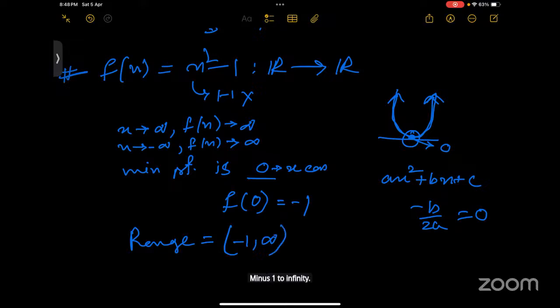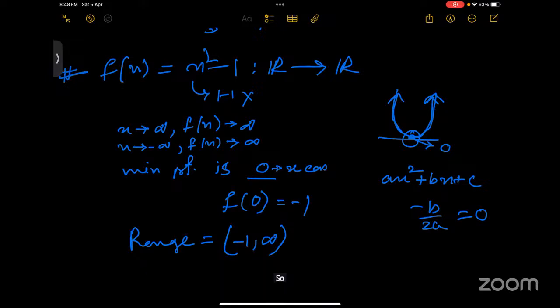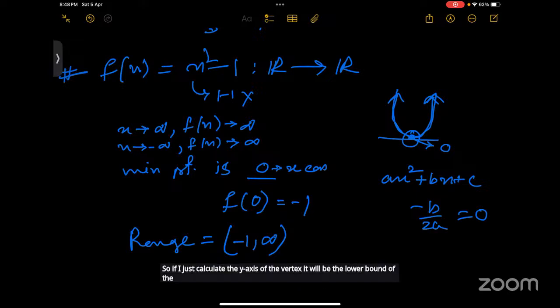So whenever we are finding the vertex, it is actually the minima. That means at that point we can find the minimum value, but the range is the minimum value, right? The lower bound of the range is the minimum value. So if I calculate the y-coordinate of the vertex, it will be the lower bound of the range, right?